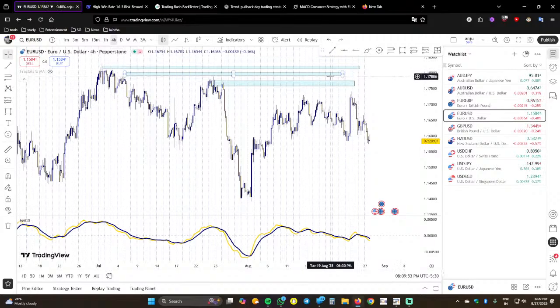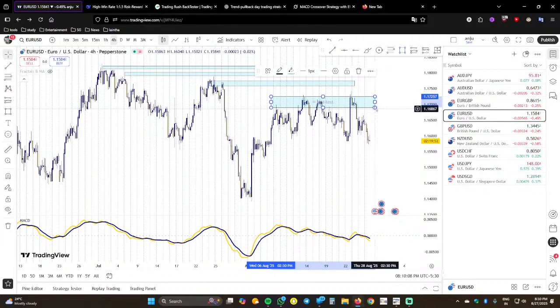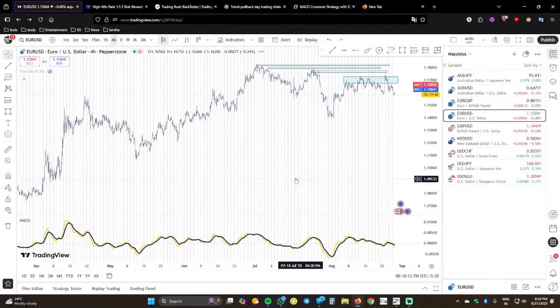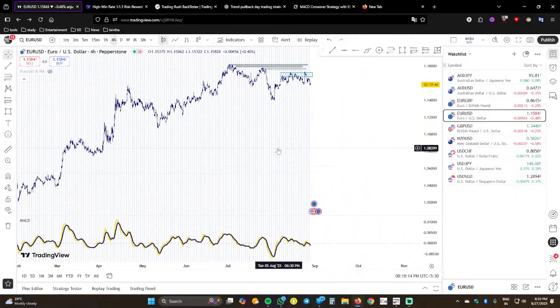So this can be a resistance. Why not? Why should this be a resistance? This could have been a resistance, and now people are calling it a zone. They'll tell you the whole thing is resistance. I just don't understand why the whole thing is resistance.